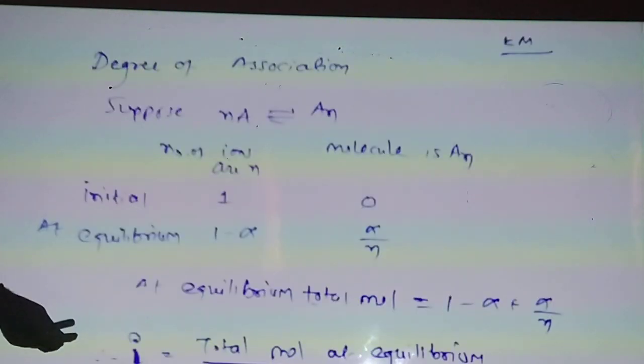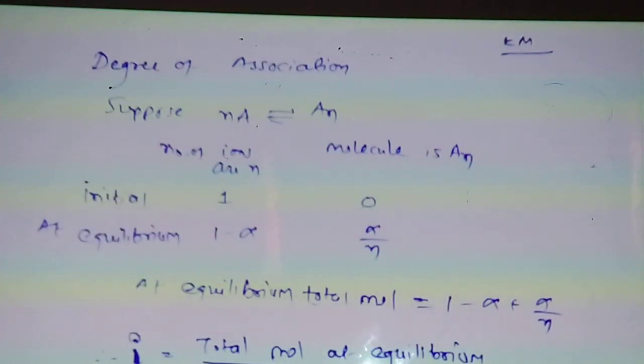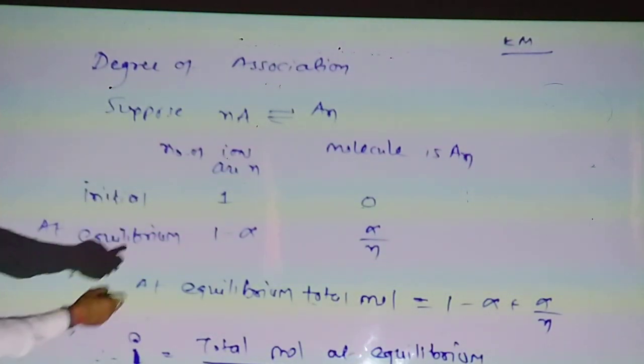Association means combining nature. Degree of association. We know sometimes when any molecule is dissolved into a solvent, it experiences dimerization, trimerization. Molecules are combining with each other. That is called association.